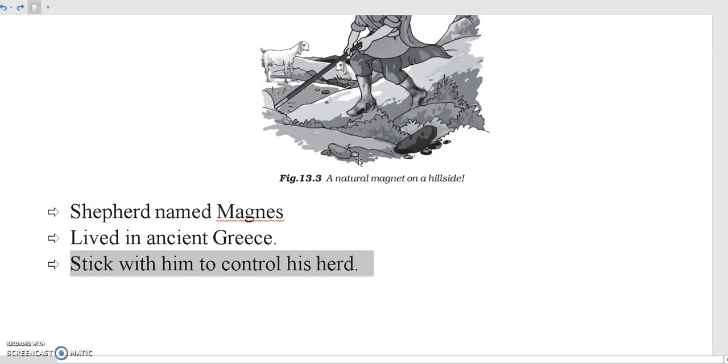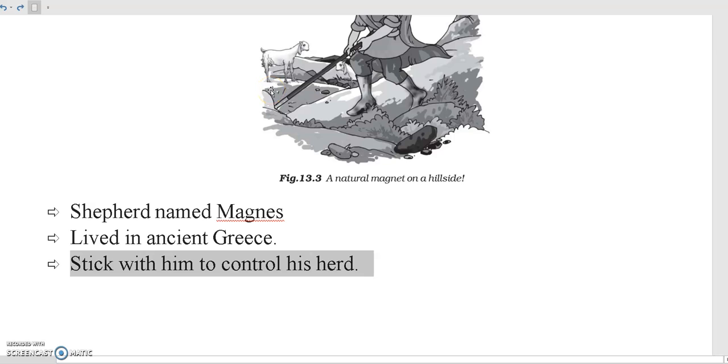He used to take his herd of sheep and goats to the nearby mountains for grazing, of course. And he would take a stick with him to control his herd. The stick had a small piece of iron attached to one end.